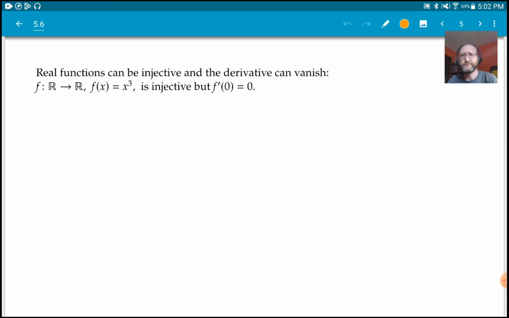for real functions, just functions of a real variable, non-holomorphic, injectivity doesn't say much. Even this really simple one, x cubed, as long as x is real, so it takes the real numbers to the real numbers, is injective, but the inverse is the cube root, and that's not even differentiable at the origin. That's really because the derivative of x cubed, which is 3x squared, is 0 at the origin.